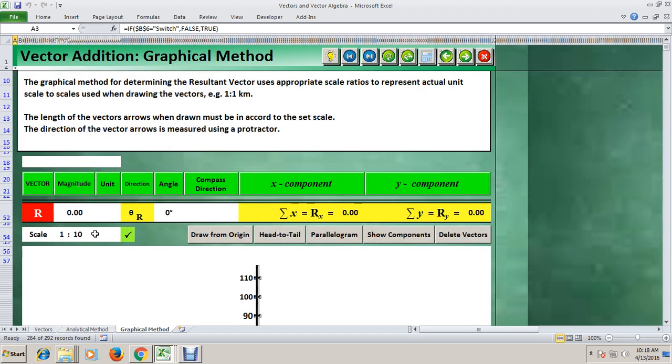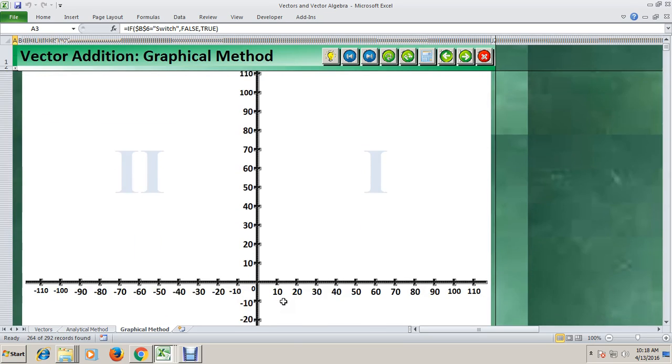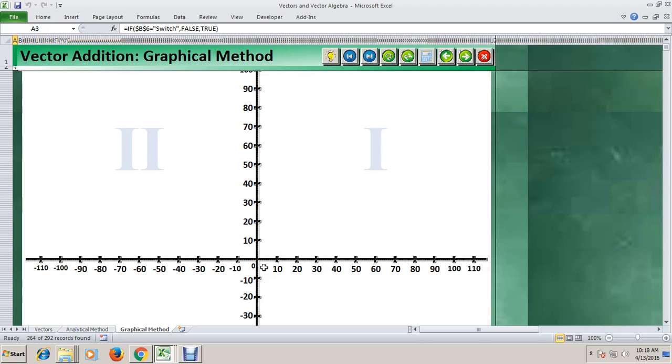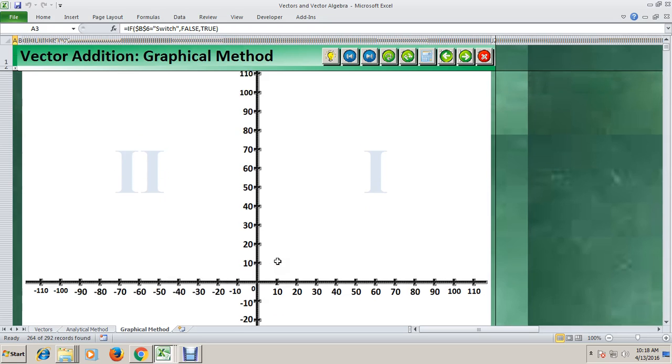So for example, if this is expressed in kilometers, then the scale of 1 to 10 means 1 unit of the scale in the graph represents 10 kilometers of the actual length of the given vectors. Of course, the idea is that you cannot actually draw 10 kilometers in the Cartesian plane, but you can condense the 10 kilometers by representing it using the proper scale.